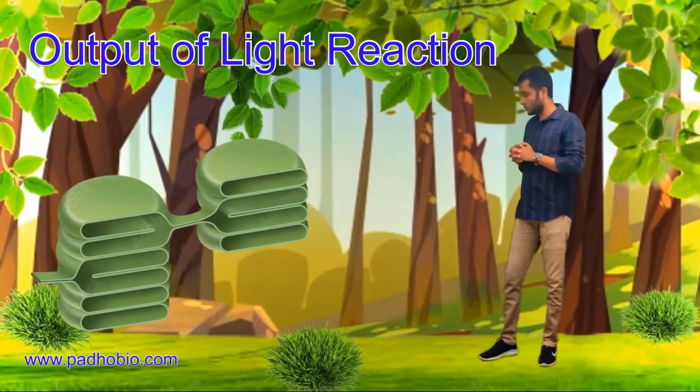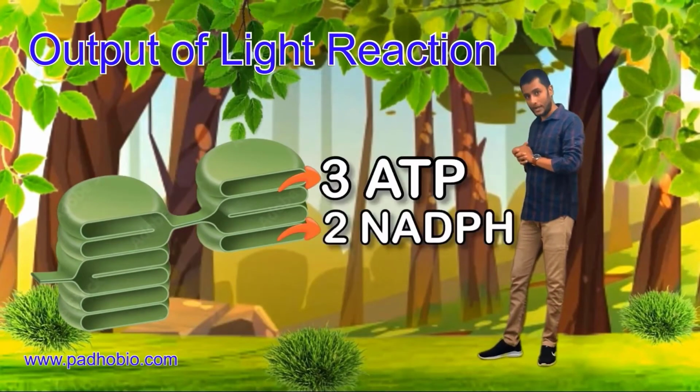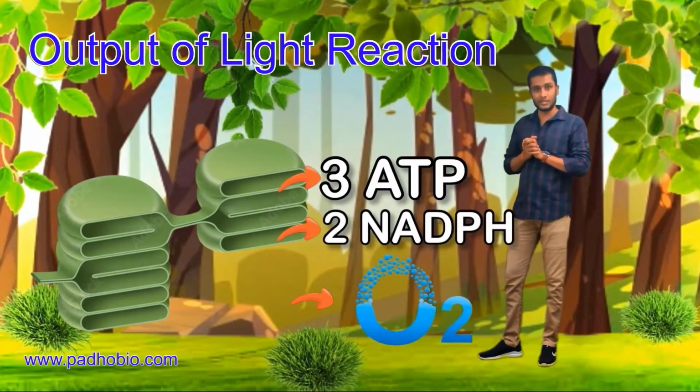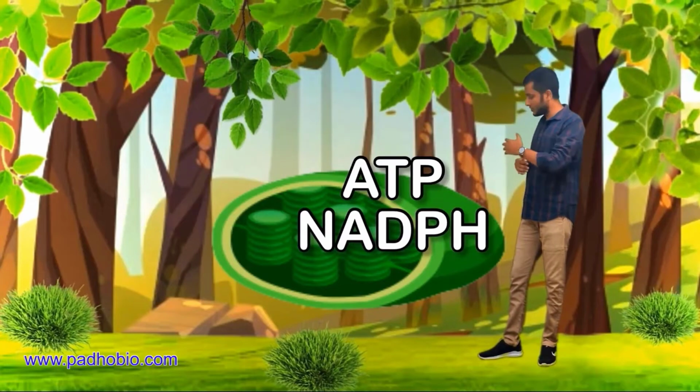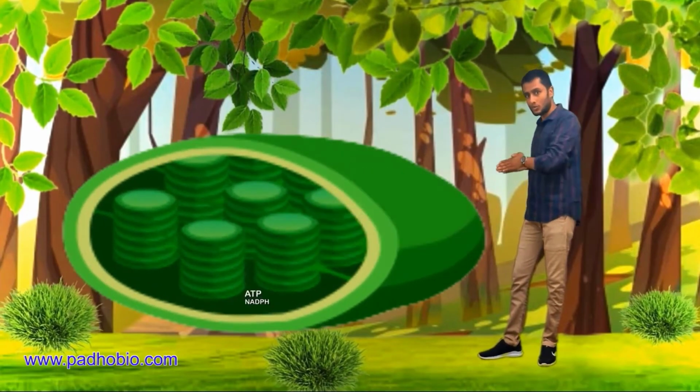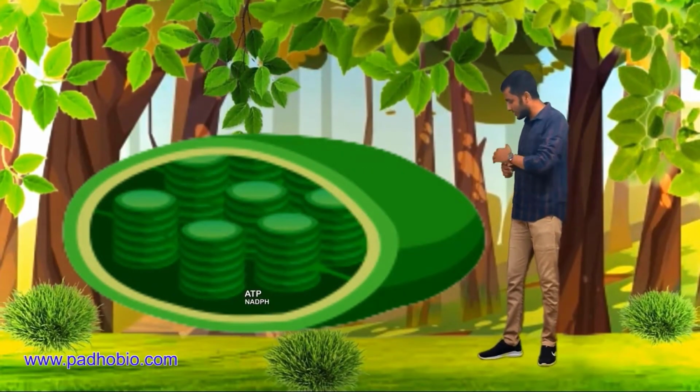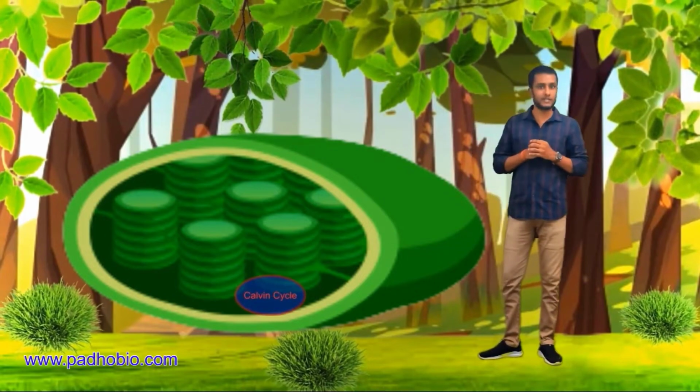Now coming to the output of the light reaction, a total of 3 ATP, 2 NADPH and 1 oxygen molecule is released. The ATP and NADPH released during this reaction come to the stroma and here they are utilized in the dark reaction, also known as the Calvin cycle.